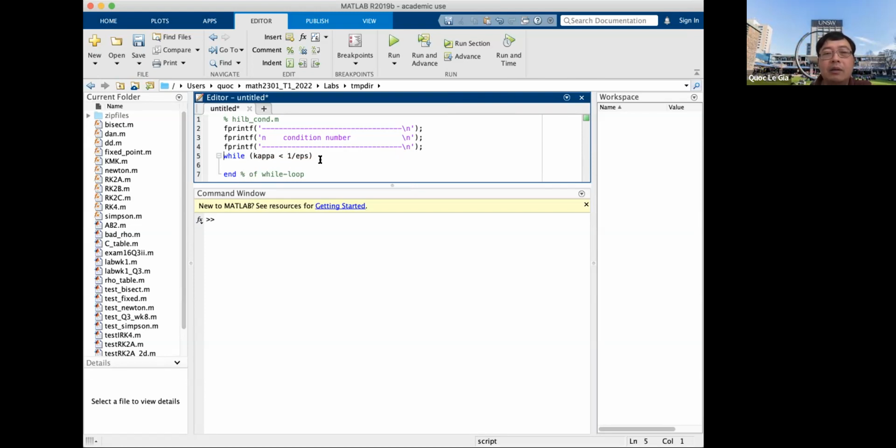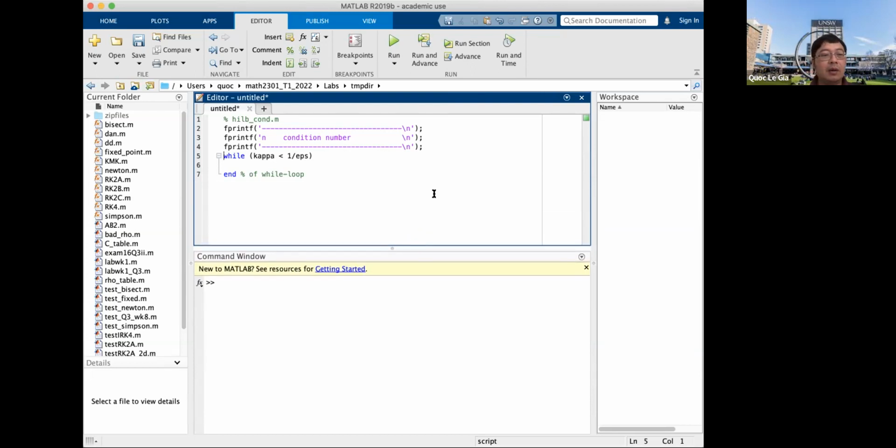You can try it. So you have to define kappa. Let kappa equal 0 first. Good suggestion. Yes, kappa equals 0. Then kappa is less than 1 over epsilon, and 1 over epsilon is a big number. What is next?